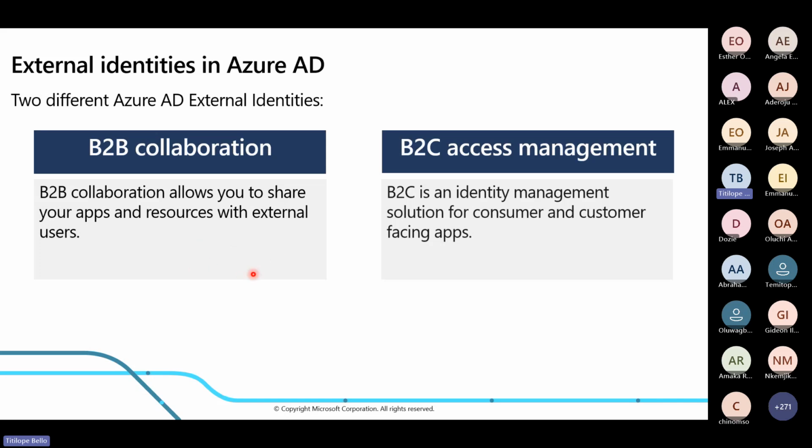This is another example. You have maybe a partner company that you are working together with. You have a Dynamics application in-house, and you want some of their users to come and use the Dynamics license that you have within your same Dynamics infrastructure, so that they can key in their data, maybe sales data or accounting data.